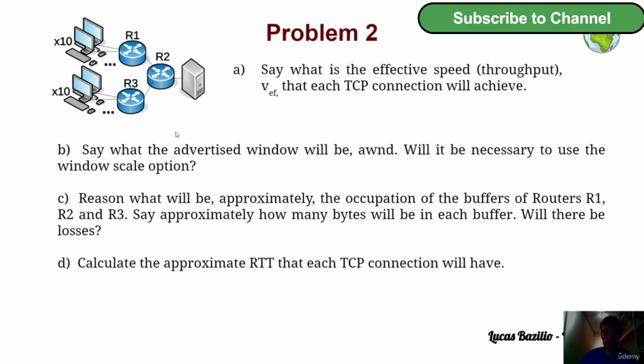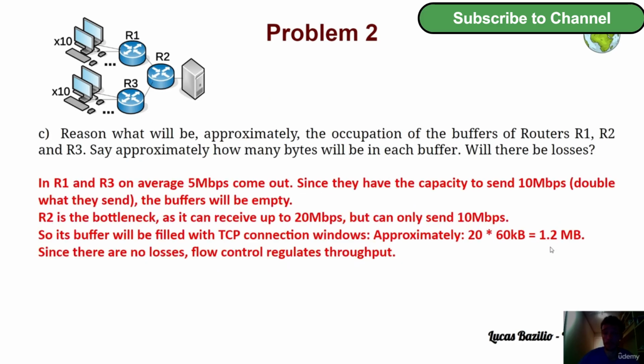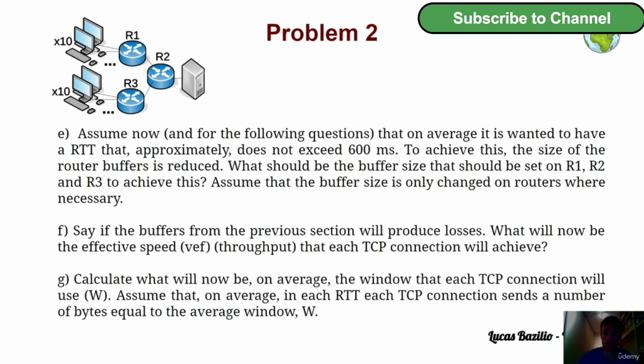In fact, we saw that the occupation of the buffer of R1 is empty, of router 3 is empty, and on router 2 it was 1.2 megabytes. So now in this question, it is evident that we are only going to reduce the size on router 2, the only one that we can reduce. Router 1 and R3 will not be affected by this statement in question E.